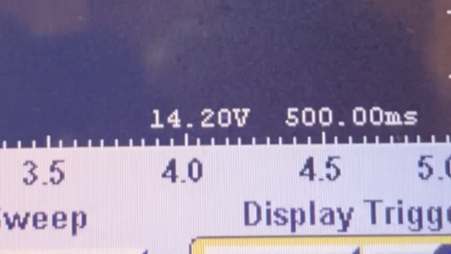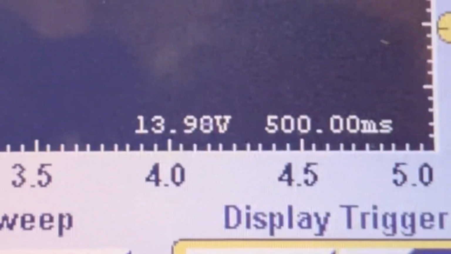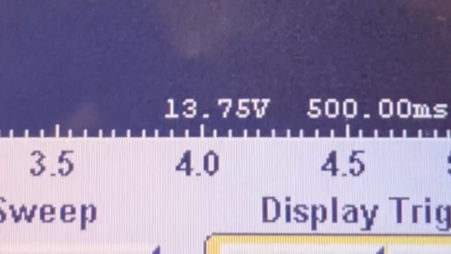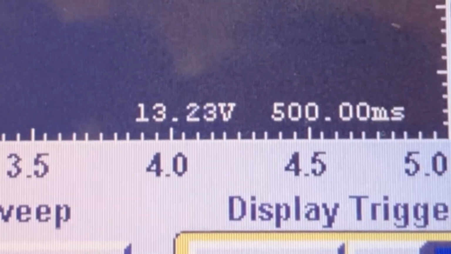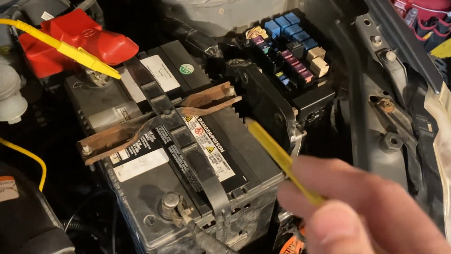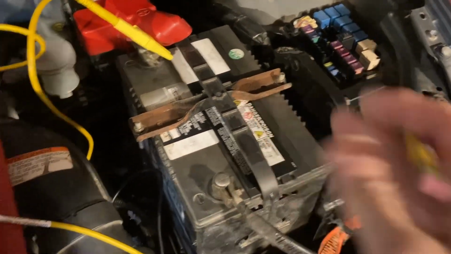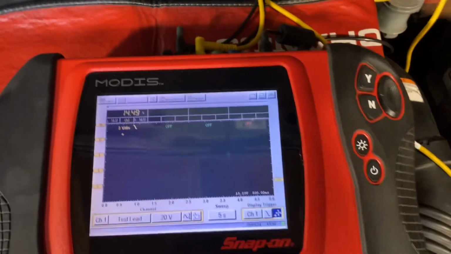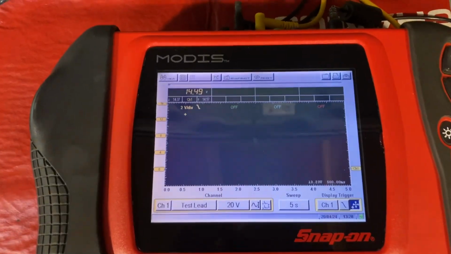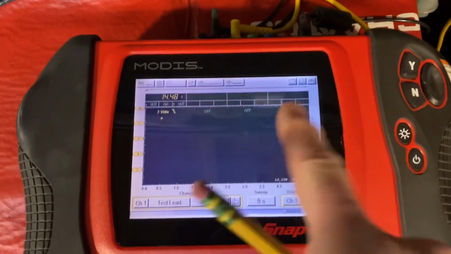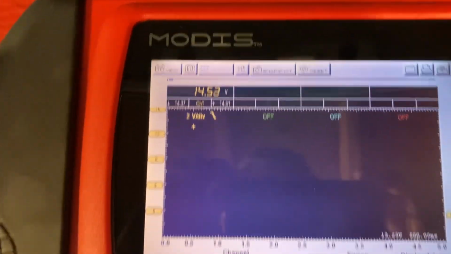So I'm going to come down on my trigger. I'm going to call it 13.2, knowing that the battery will go to 12.7-ish when it's in a static condition, i.e. the engine is no longer running, right? So let me just stall the car here.